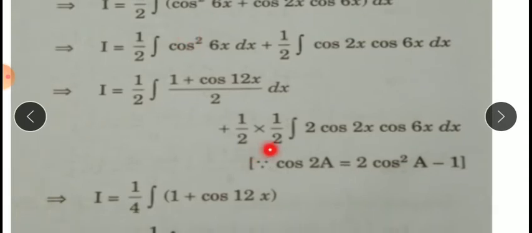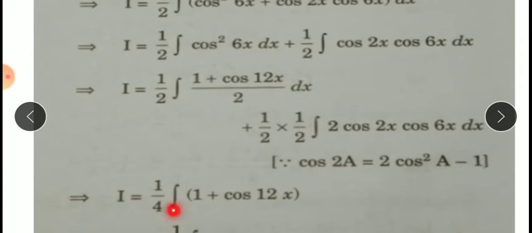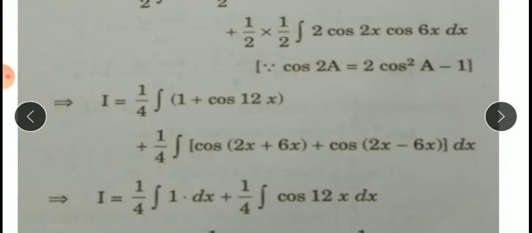This is 1 upon 2 into 1 upon 2 integration 2 cos 2x cos 6x. After this we can write I is equal to 1 upon 4 under bracket (1 plus cos 12x) plus 1 upon 4 integration, this is the formula cos (A plus B) plus cos (A minus B).